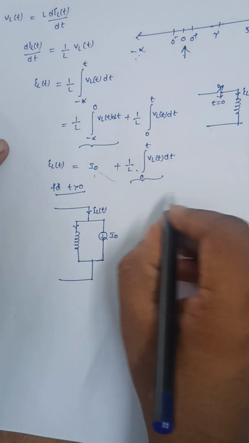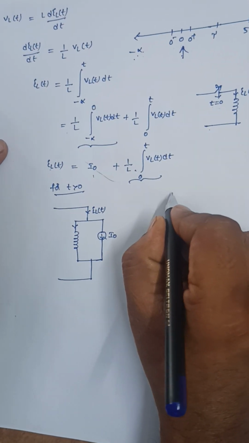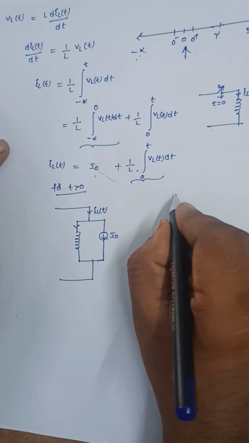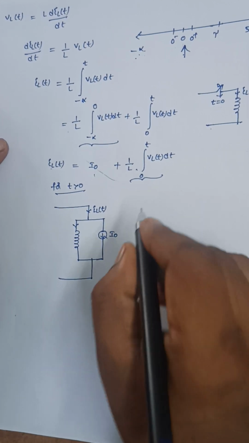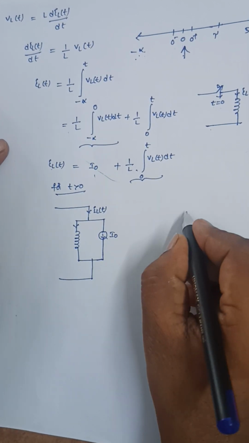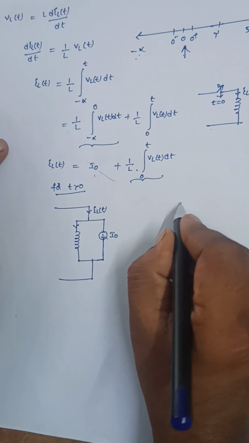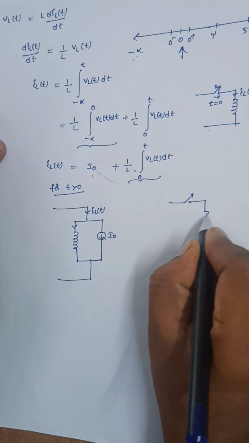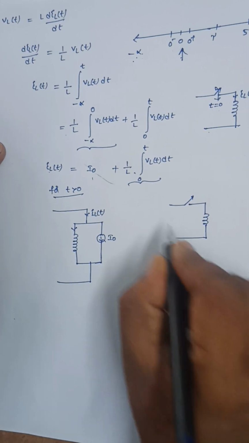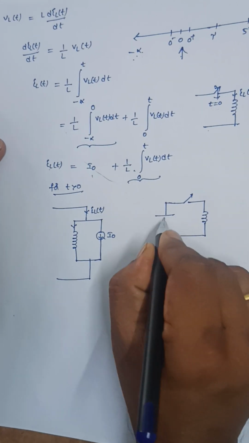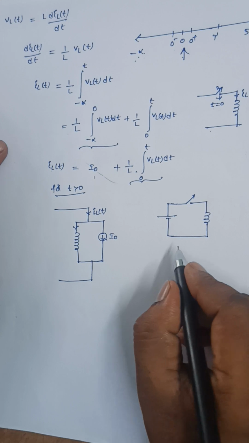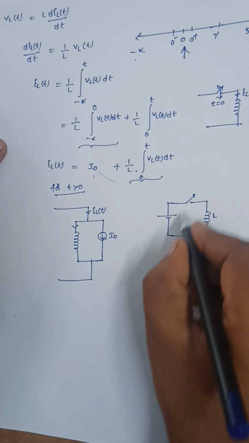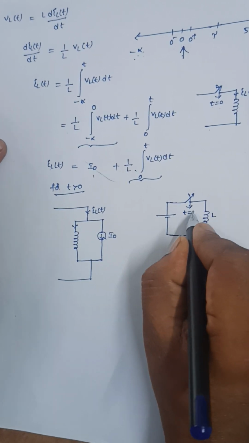Now at t is equal to infinity, that means under steady state condition, suppose I am applying the DC supply here, say 100 volts, and at t is equal to 0 I switch on the supply.